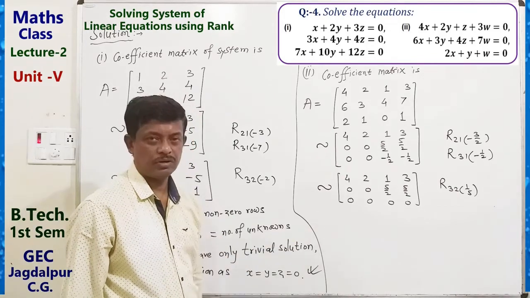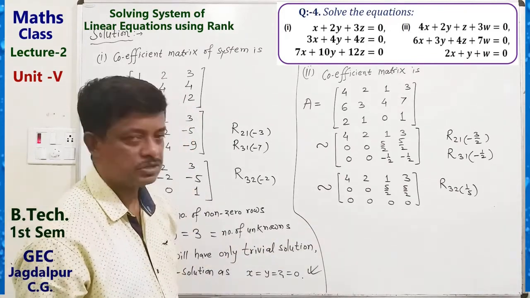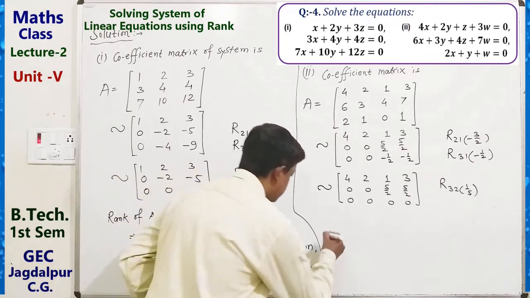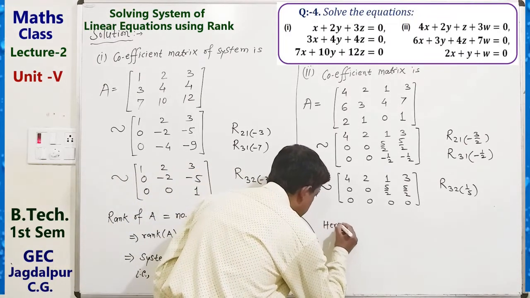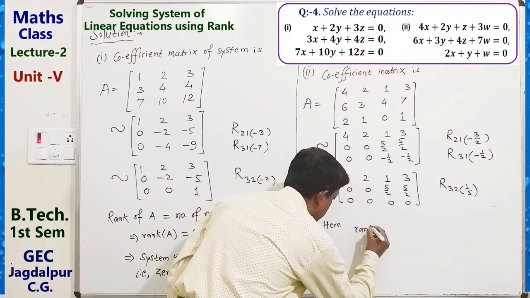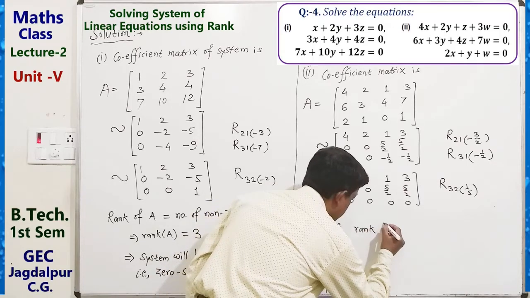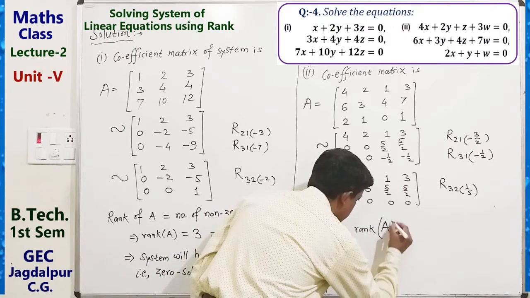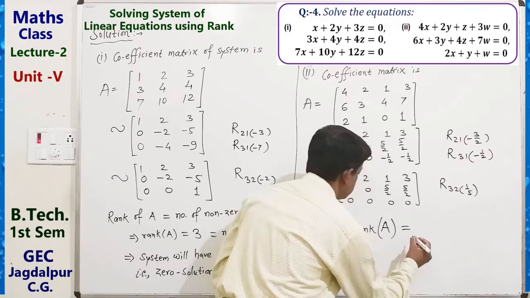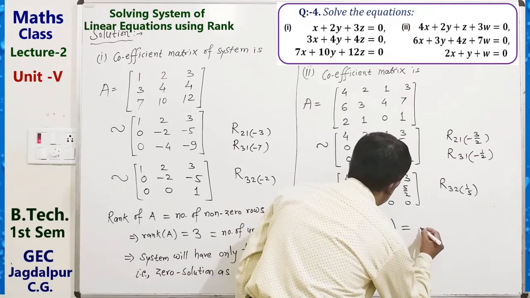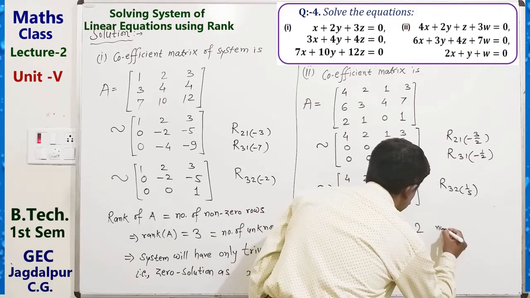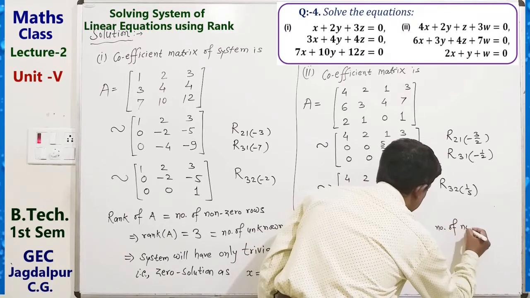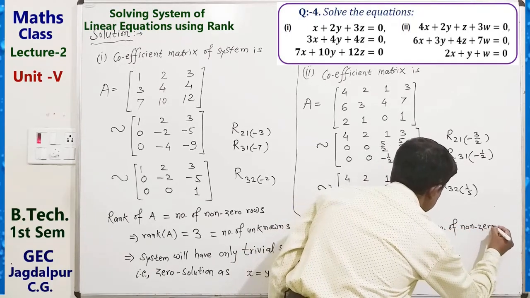It is 3 by 4. The number of non-zero rows is 2. Here rank of A is equal to 2, the number of non-zero rows.